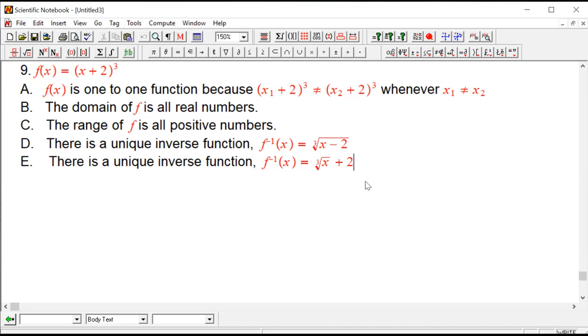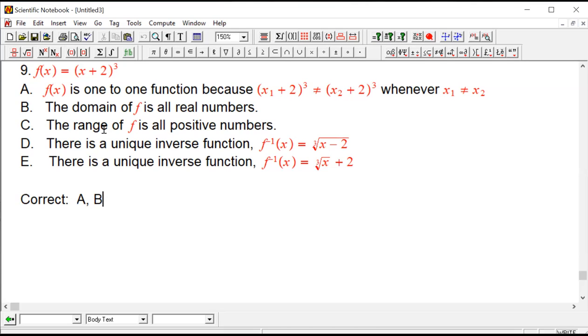Okay, so let's see which one is right. Apparently when x1 and x2 are not the same, the first statement is right. So the correct ones are A. How about B? Domain of f is all real numbers. That's true. B is true.